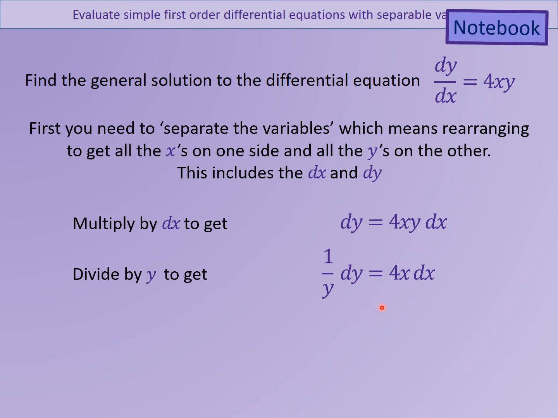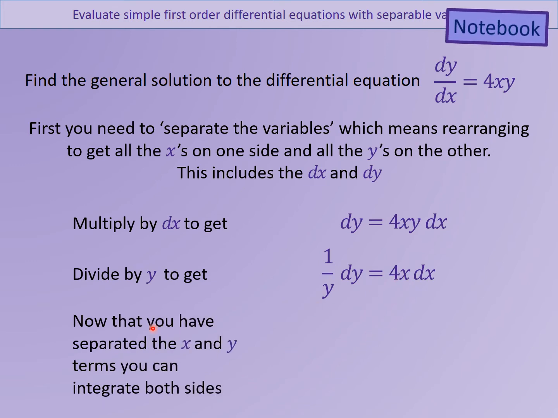It doesn't matter which way around these two go, as long as you have all the x's on one side and all the y's on the other. Right, once I've got to this situation, I can just integrate both sides. So once I've actually separated out the x's and y's, I can just integrate both sides.